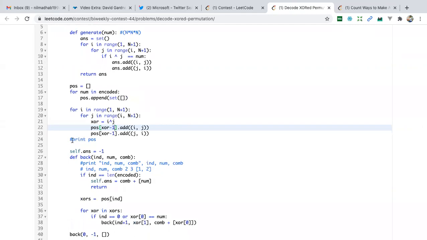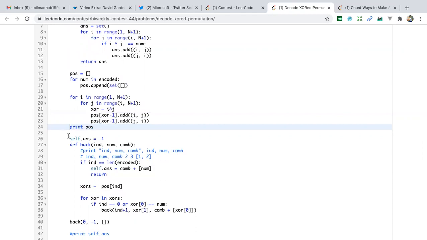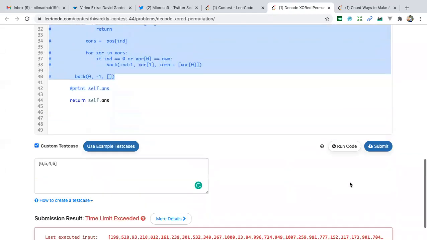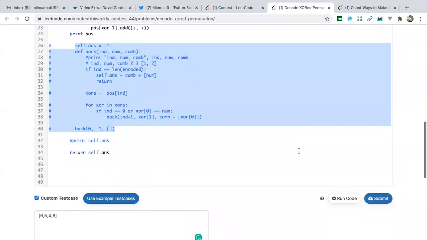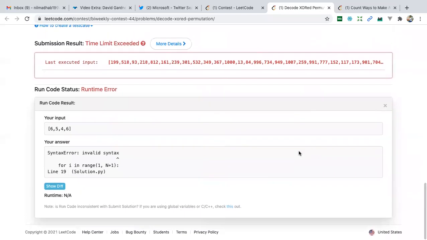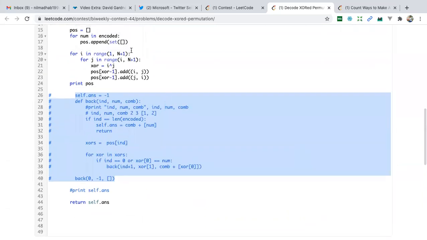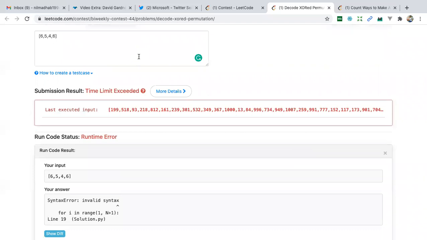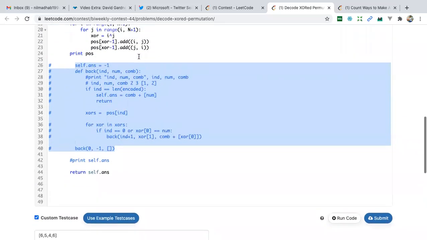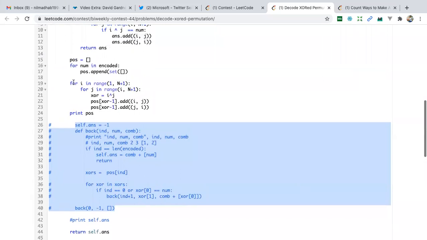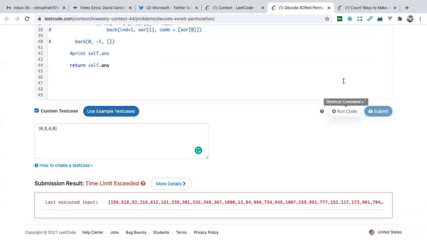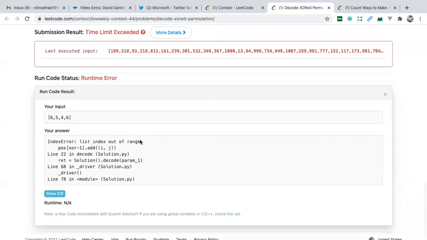Okay, let's try to print the position first, and let's see if we optimized it or not. Run the code. Where did you get the error? Line 19. Okay, sorry. So let's see, we should get the same answer as before.